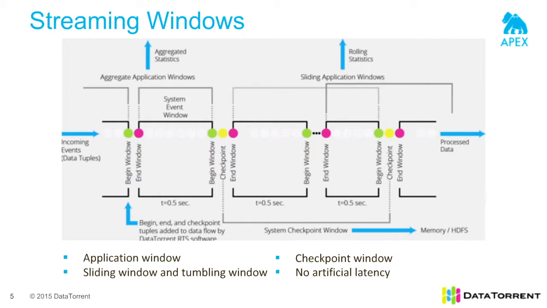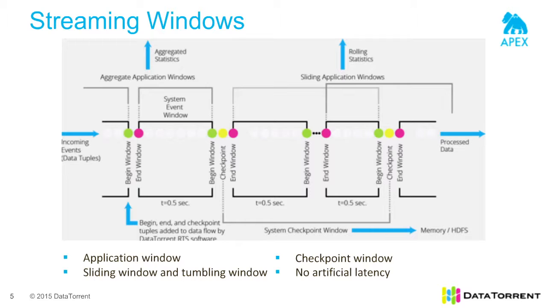On top of the streaming windows, we have the concept of application window, which can be a sliding window or a tumbling window. These windows are exposed to the user. That means they are callbacks on the operators that are executed at the boundary of the windows, begin window and end window, and the user code can perform functions such as aggregation at these events, at these opportunities.